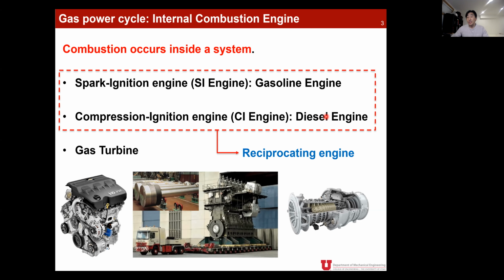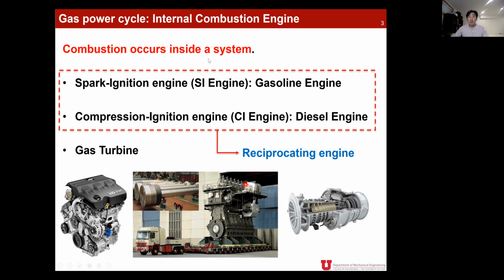Outside the United States, like in Europe or Asia, you can find a lot of cars that have diesel engines. One big example that I can show about the diesel engine is the big engine that is being used in a very big ship. Do you see this big piston? The engine is much bigger than a trailer. It is more like a four-story building size.